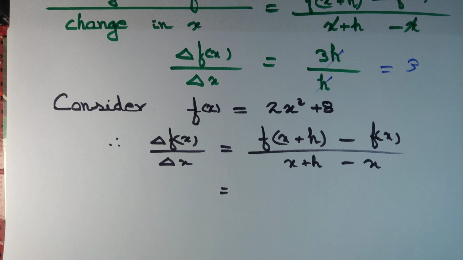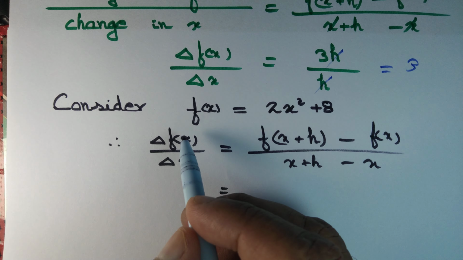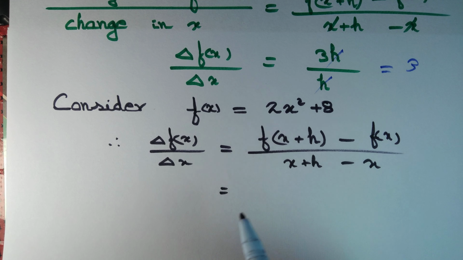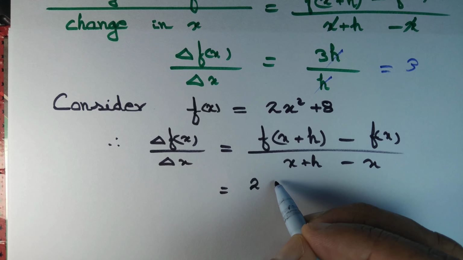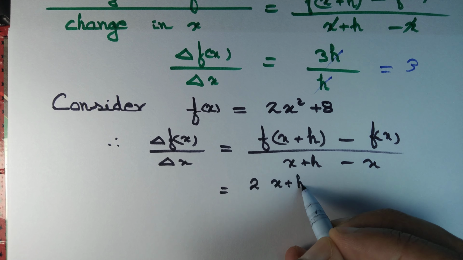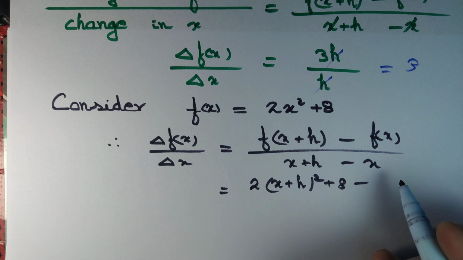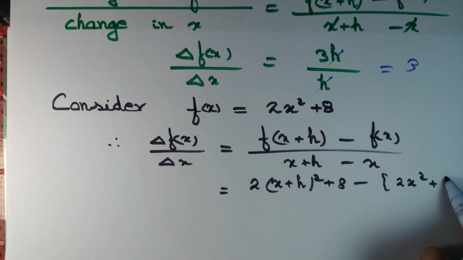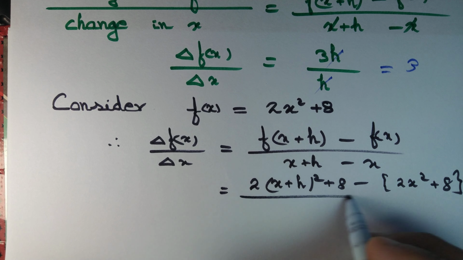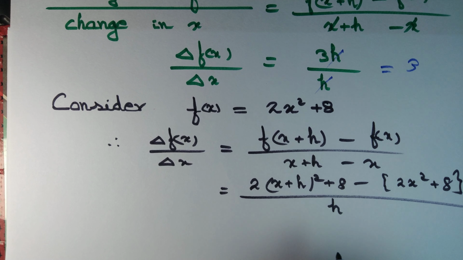So change in x is x plus h minus x. Change in f(x) is f(x plus h) minus f(x). In f(x plus h), we replace x by x plus h. For f(x), copy as it is, 2x squared plus 8, divided by the change in x, which is just h.